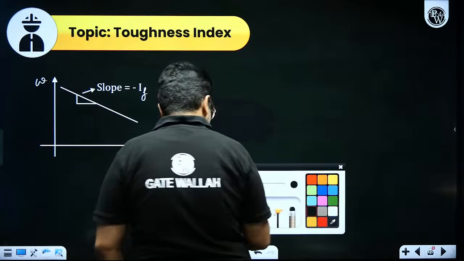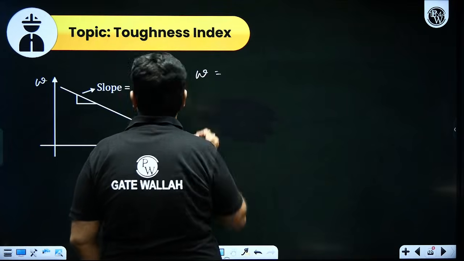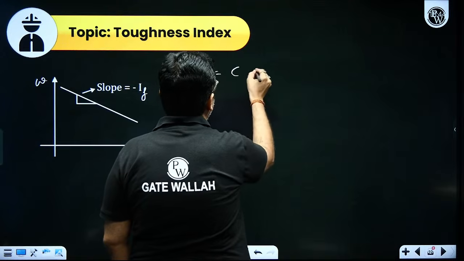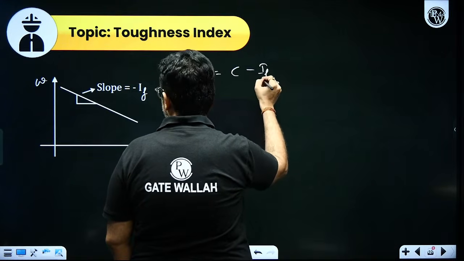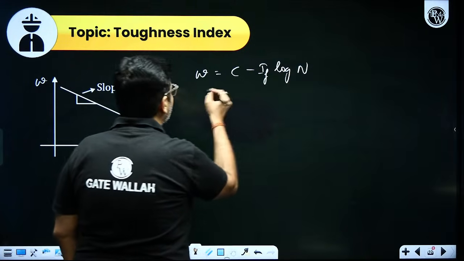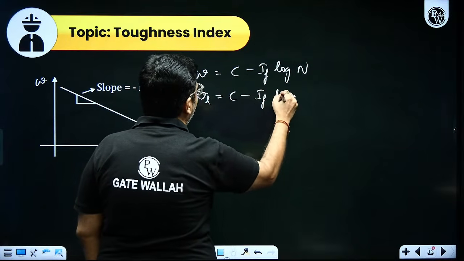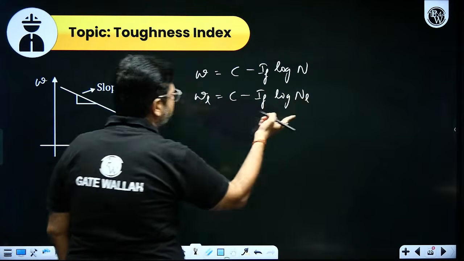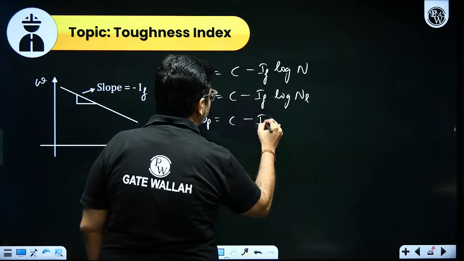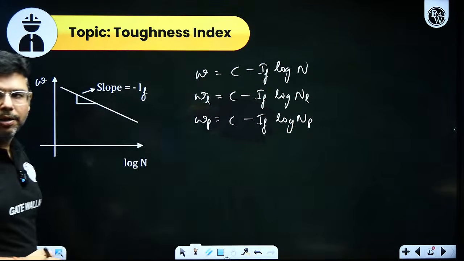The equation of this straight line is y equals mx plus c, that is W equals c minus IF into log N, since the slope is minus IF. Now, WL is equal to c minus IF log NL, where NL is the number of blows at liquid limit, and WP is c minus IF log NP, where NP is the number of blows at plastic limit.